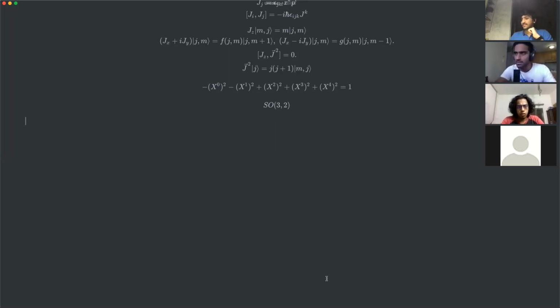And what's fascinating about all of this is that this also happens to be the conformal group in 4 dimensions. In 4-dimensional Minkowski space, the conformal group is SO(3,2). And in 4-dimensional Euclidean space, R4, the conformal group is SO(4,1).